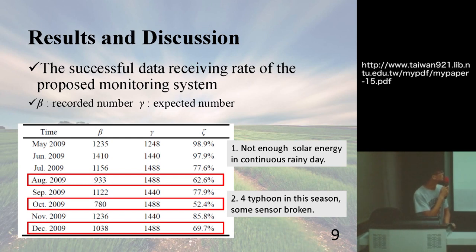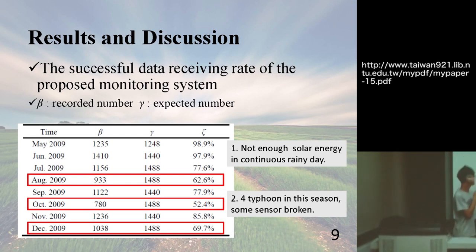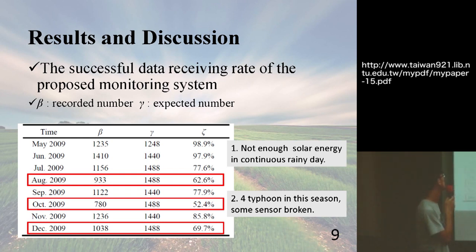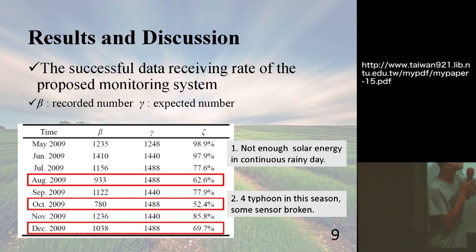And as you can see, on the right side is the rate at which the data was received successfully. You can see these three numbers are very low because of two reasons.